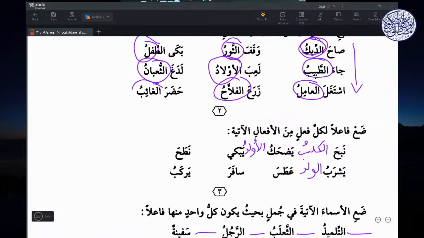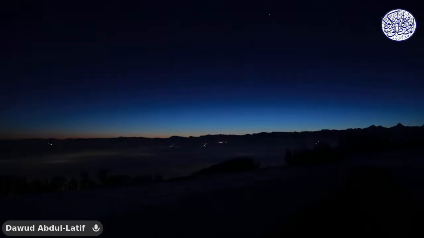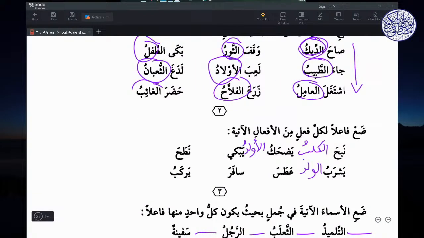Other than that, normally our verbs and our nouns have to be in agreement. But yes, yadhaku al-awladu, this is perfectly fine. طيب.